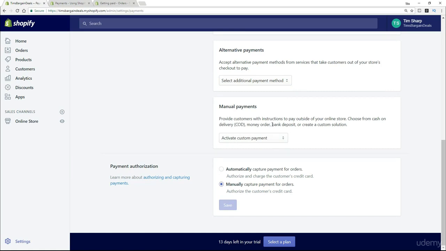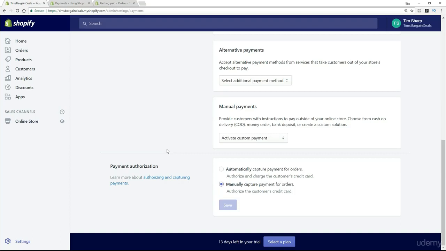Then you've got, at the end of the day, manual payments, the ability to take things like a bank deposit or cash on delivery or a money order. This might be relevant for you depending on how your store is set up. But certainly for 99% of the people that I work with, we're talking about e-commerce, we're talking about credit card payments, so that's not so important. And then in the end, you've basically got a choice between your automatic or your manual payment authorization.